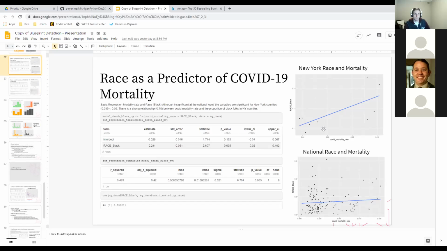Even though this was done in October and we're a month and a half from that, we've got an entirely new data set that needs to be worked with, because things are changing. We're still in the middle of a pandemic, and things are changing quite rapidly.